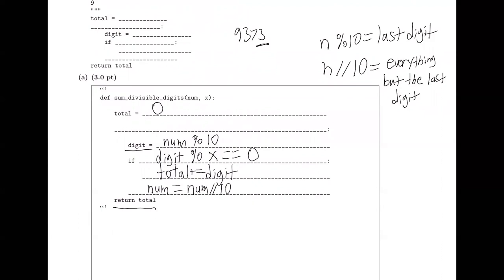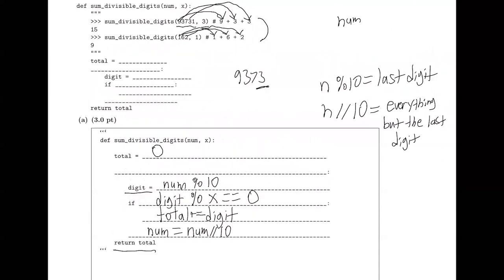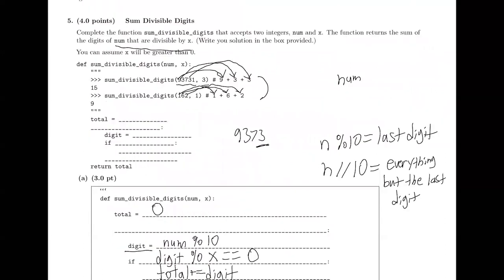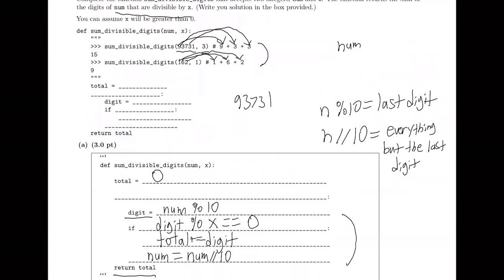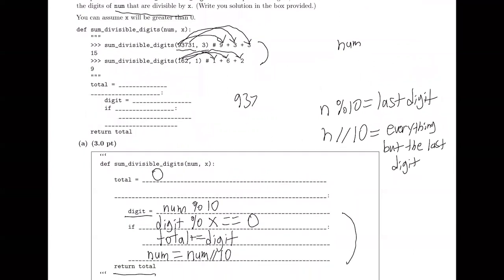That looks good. Now, all we need to figure out is how we can iterate through every single digit in our number. What I'm thinking of is a while loop, because every time we do this check here, we're always going to do a floor div 10. So eventually, we'll get rid of 1 first, then we'll get rid of 3, then 7, then 3, and then finally we'll have 9 floor div 10, which gives us 0. So one condition we can do is while num.